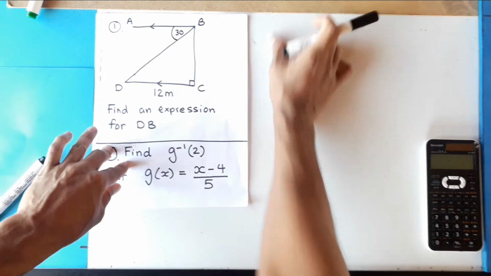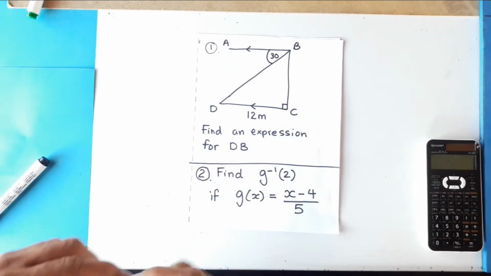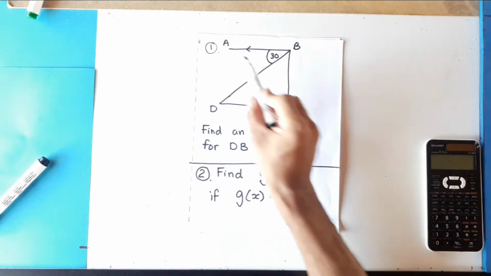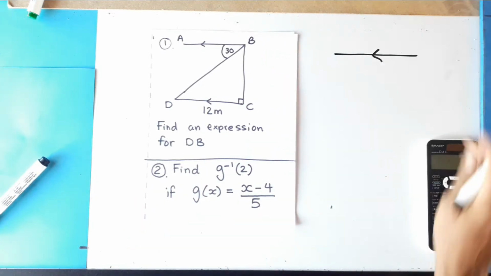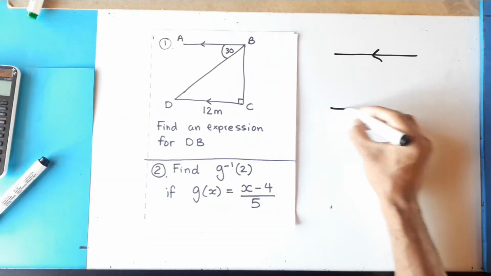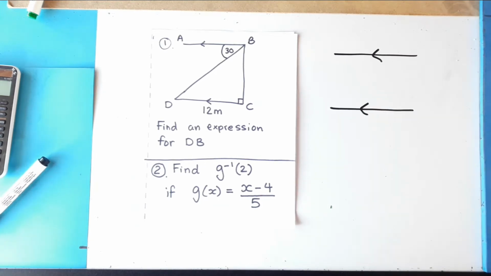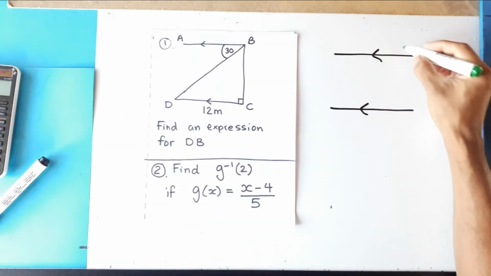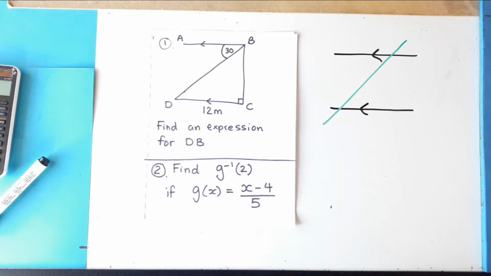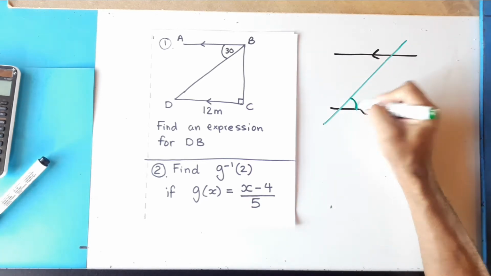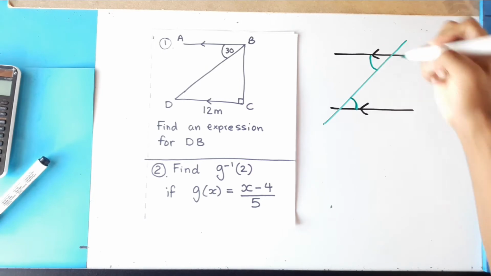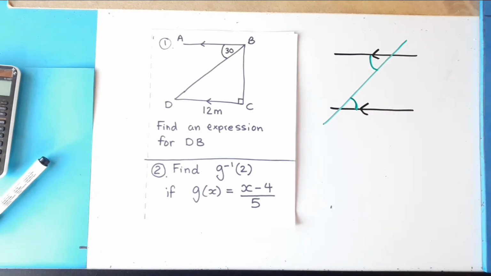So I could probably pull it in the middle here. Okay, so it seems that we have two parallel lines. Now, in my previous video, the one just before this one, I told you that if you have two parallel lines and you slice the two parallel lines, you get a situation which we call alternating angles, better known as z-angles, which means that this angle and this angle are the same.